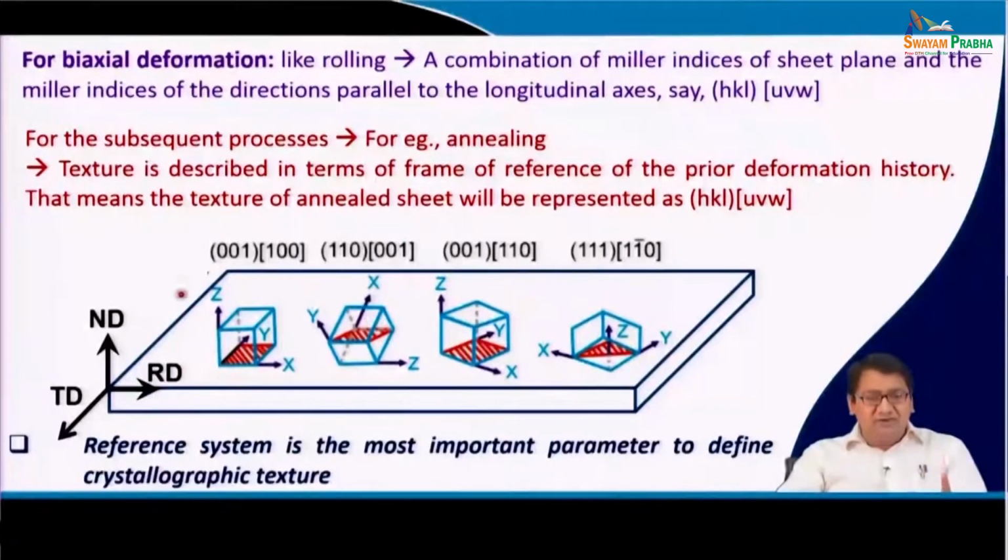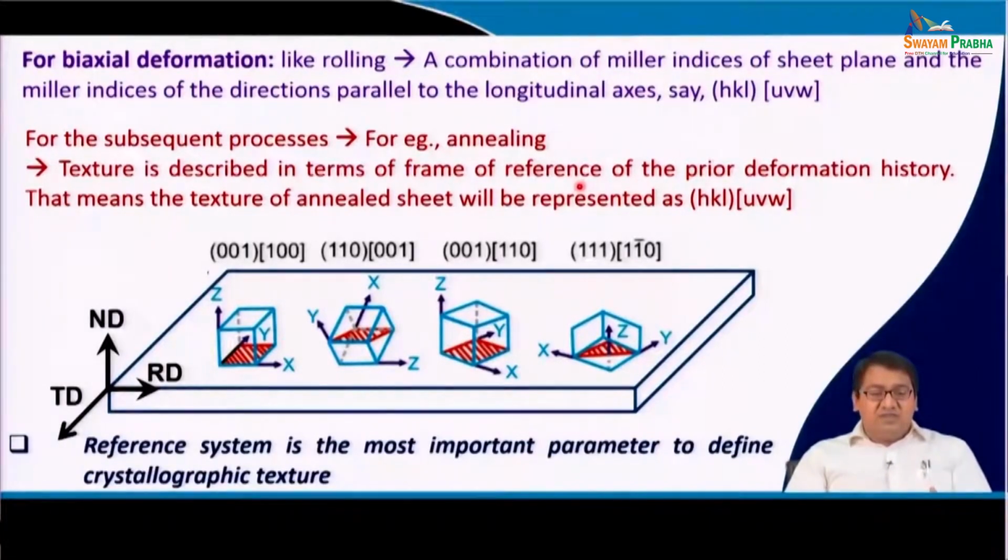So, even for any subsequent processes after the rolling, either cold rolling or hot rolling, for example, any processes such as static recrystallization methods like annealing, texture is described in terms of the same frame of reference of the rolled sample.